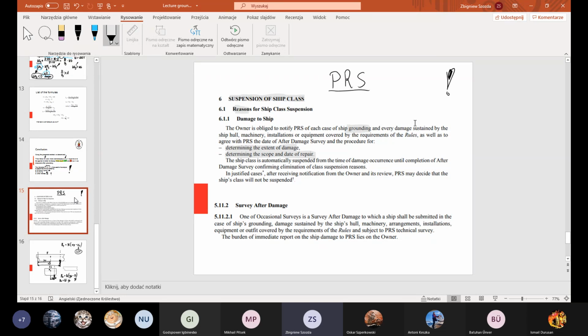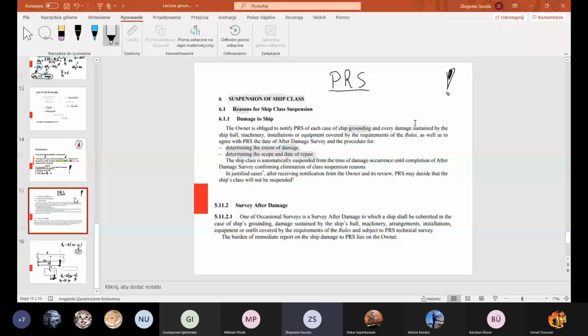If we make a list of different reasons of different accidents at sea, grounding will be the most frequent, on the top of the list. So this is the reason why you should be aware how to calculate different things, what are the methods, and maybe during the exam I will ask you to calculate initial metacentric height after grounding. It is very possible that it will be a task during exam in June or in July.